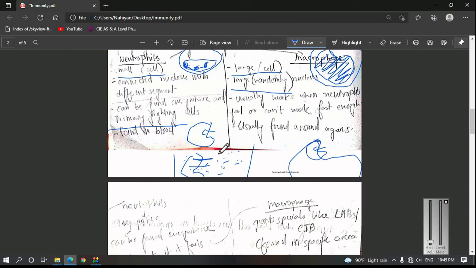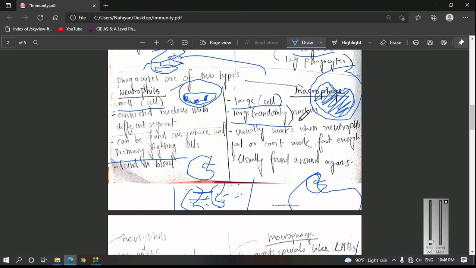But when they start to fail or they're getting slow, that's when macrophages come in. Macrophages usually work when neutrophils fail or can't work fast enough.